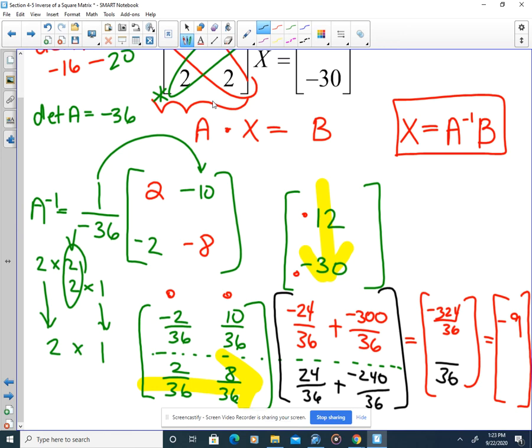So I'm going to take negative 240 plus 24. It's negative 216. And negative 216 divided by 36 is negative 6. So x is equal to this matrix here, negative 9, negative 6.